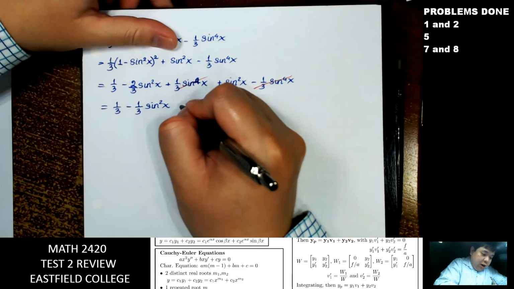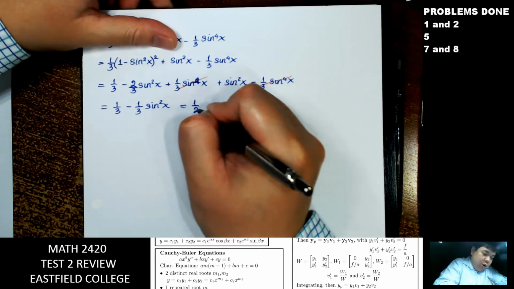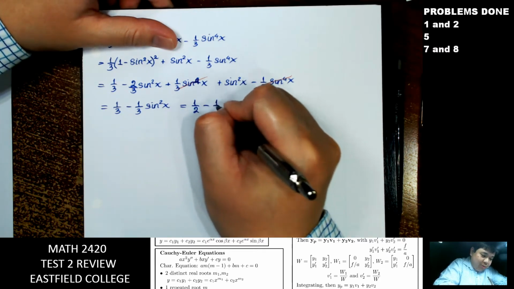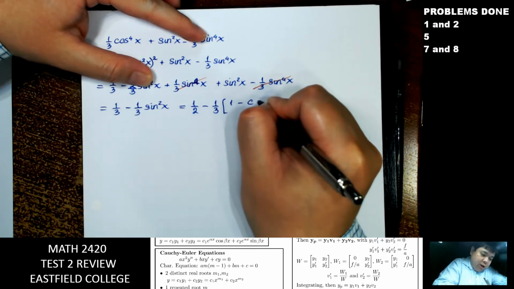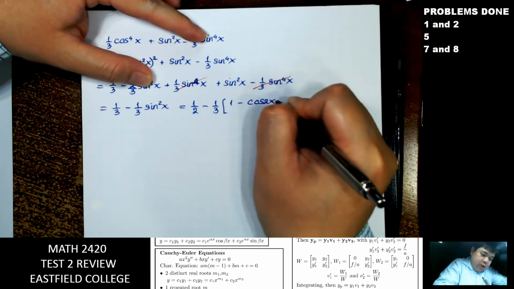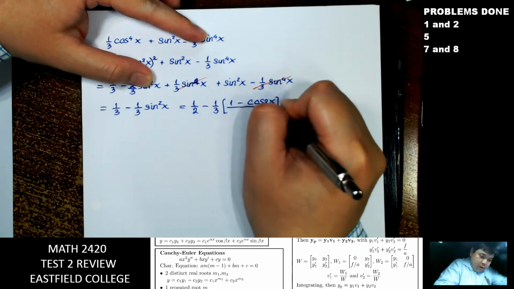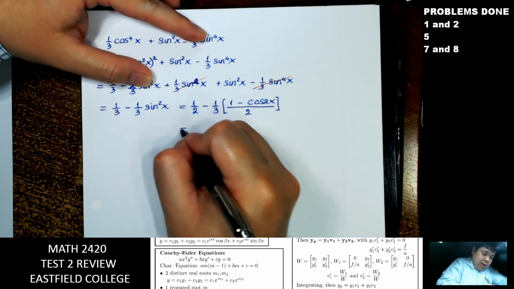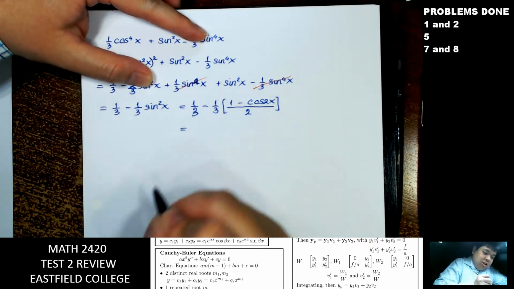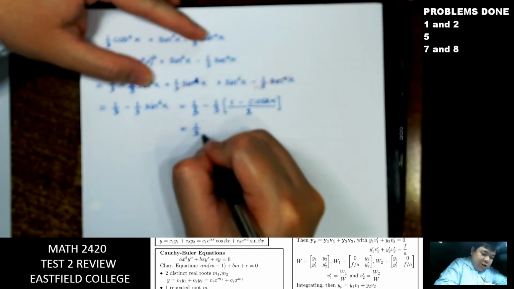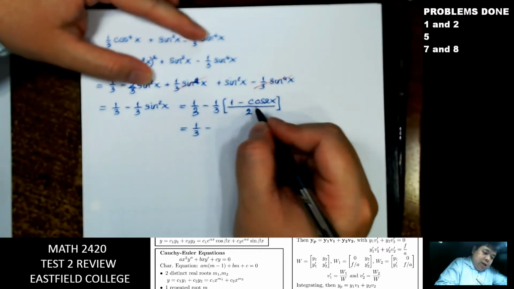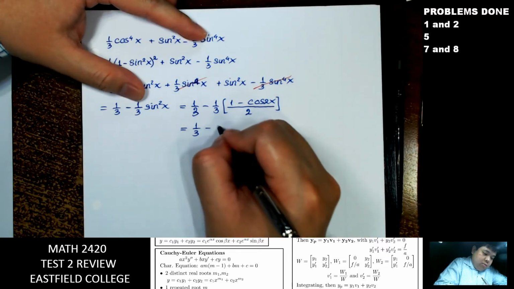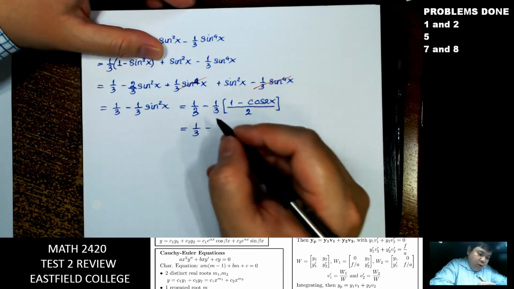Next, double angle with power reduction. The sine square is 1 minus cosine of 2x over 2. This is 1/3 still, sorry. So 1/3. Multiply it out is minus 2/3.